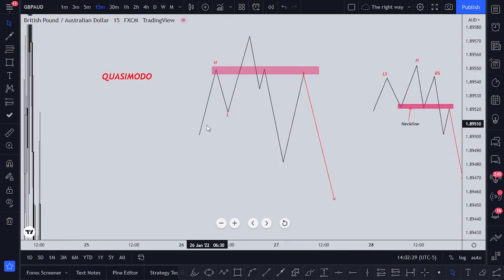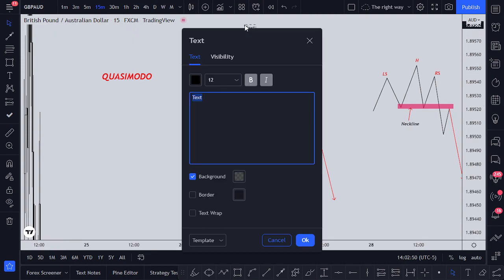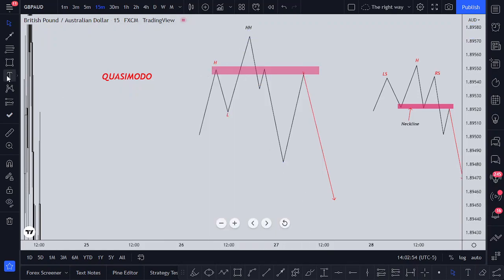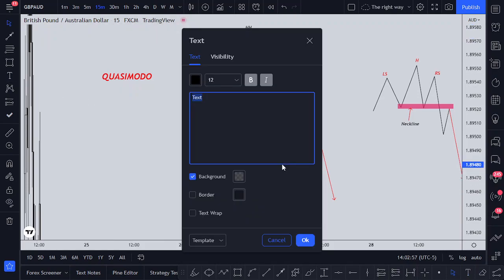Now, for the typical Quasimodo pattern, we have the high, we have the low, then we have the highest high. But whenever price breaks this low, you enter whenever it returns to the high, or probably the shoulder that made this level, the left shoulder. So this is the high, low, the higher high, then we have the lower low.